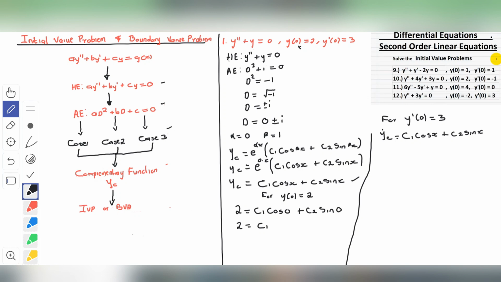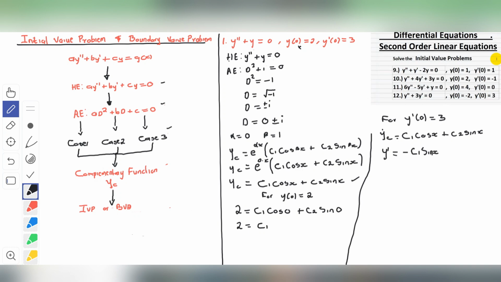After writing it down like this, because we have the first prime, we need to differentiate this complementary function so that we can have the first prime, then we can substitute. So when we differentiate this, y prime is equal to the derivative of cosine, which is negative sine, so we have negative c1 sine of x.